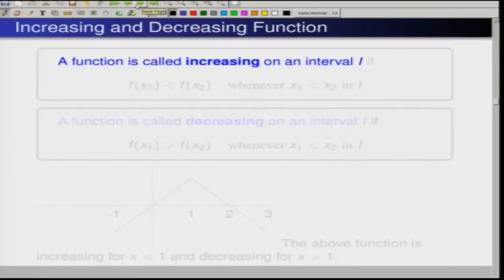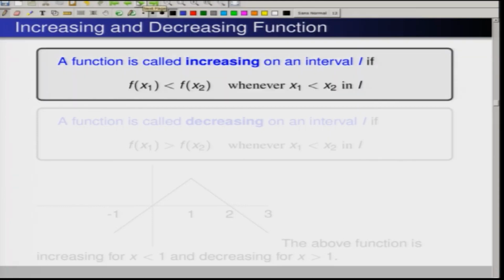A function is called increasing on an interval I. A function may be defined on the entire domain, but I may be a subset of your domain D. So, f is increasing on that interval I if f of x 1 is less than f of x 2 whenever x 1 is less than x 2 in I. It does not necessarily have to satisfy this on the entire domain. So, in that interval I, f is an increasing function.